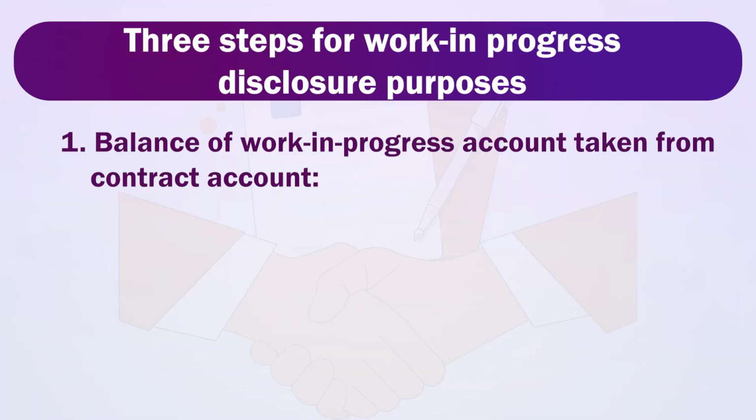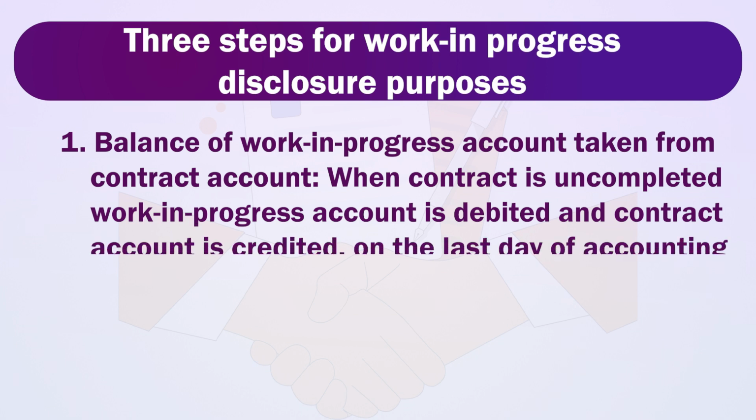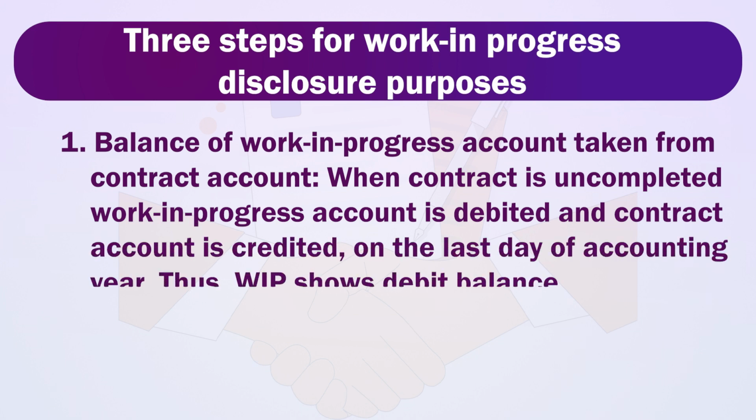First, balance of work in progress account taken from contract account. When contract is uncompleted, work in progress account is debited and contract account is credited on the last day of accounting year. Thus, work in progress shows debit balance.